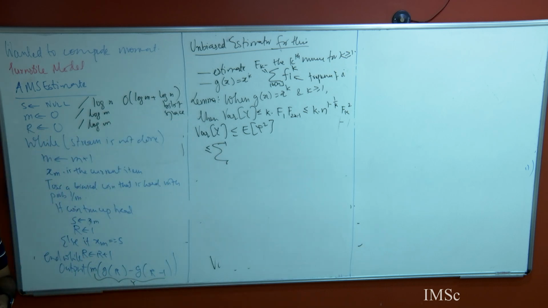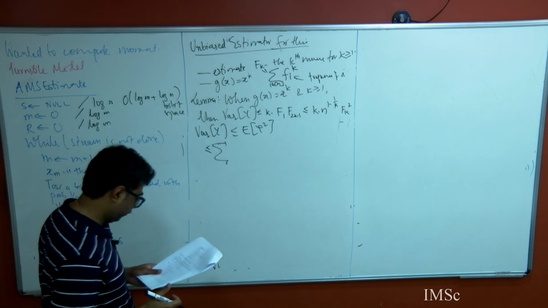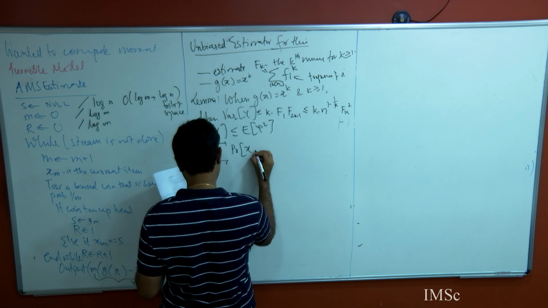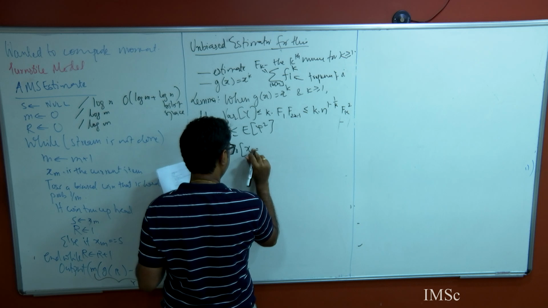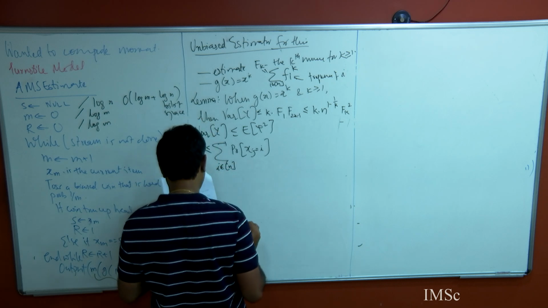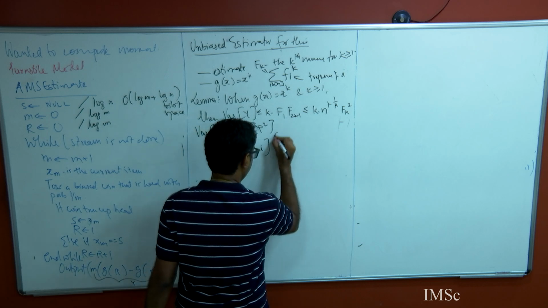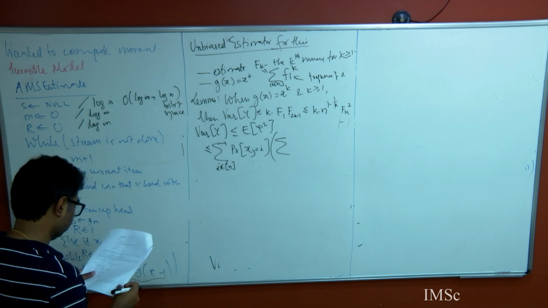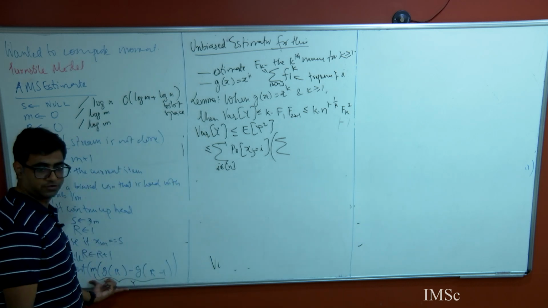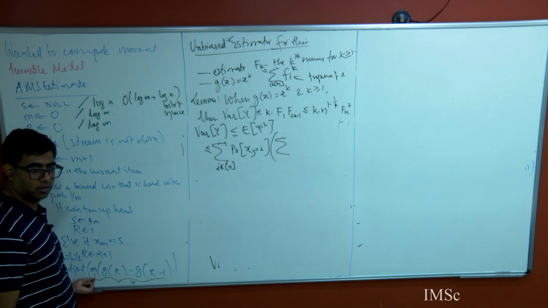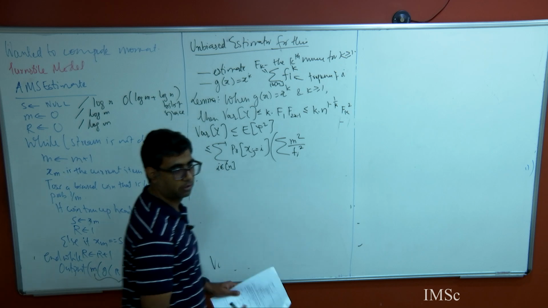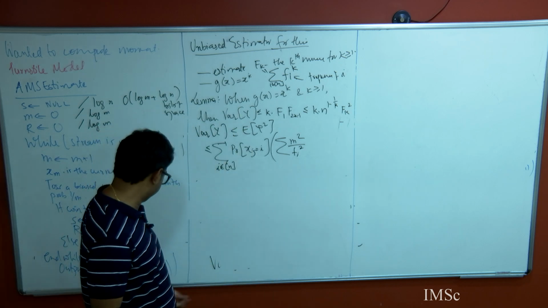Now we are going to do exactly what we did before. The probability that x_j equals i, for i in 1 to n, and summation. Now it is this function, right? It is going to be m square by f_i square, because with probability 1 over f_i we are going to succeed.